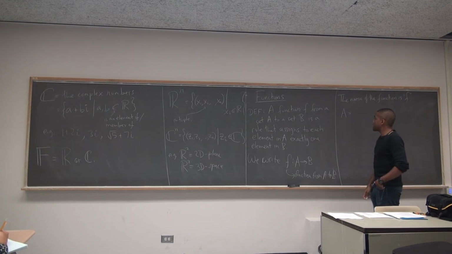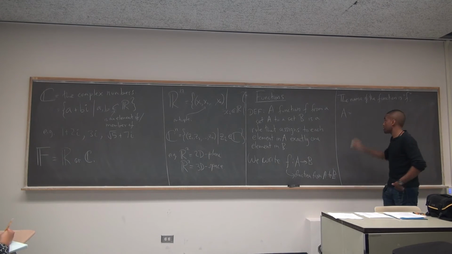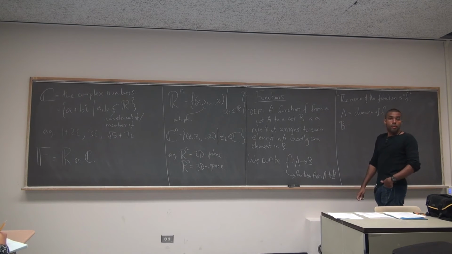The set A is called what? Name for the set A. It's called the domain. The set B would be called what? The output? The codomain.